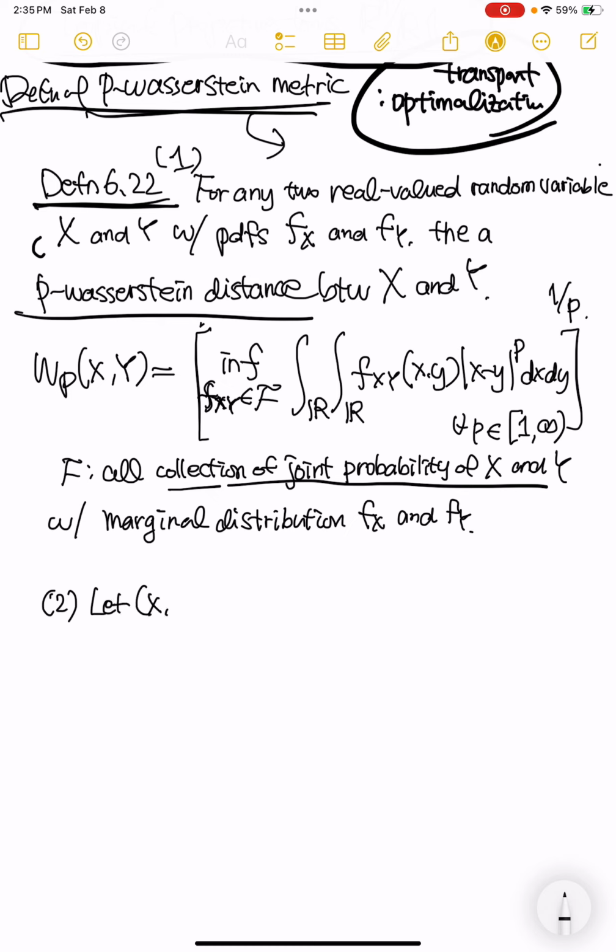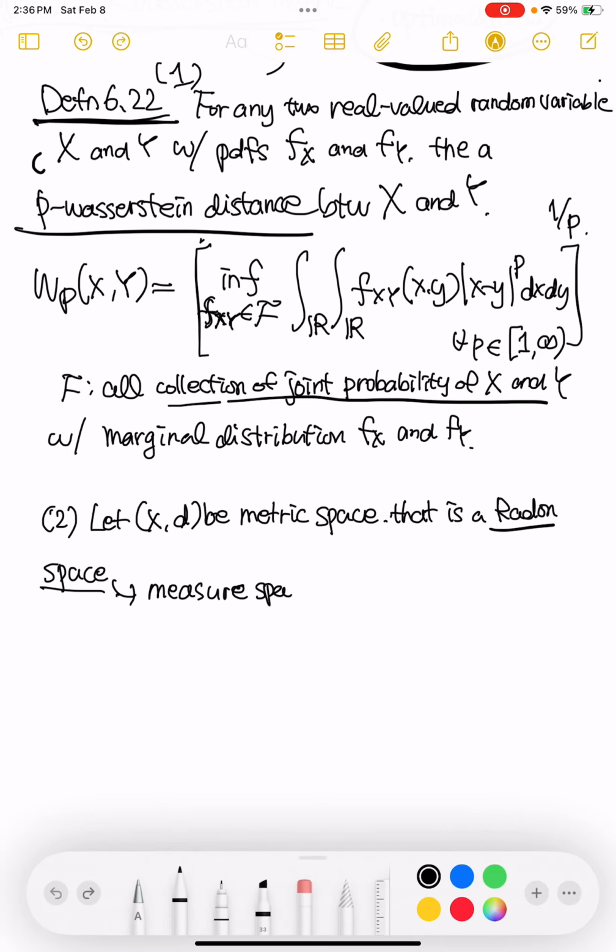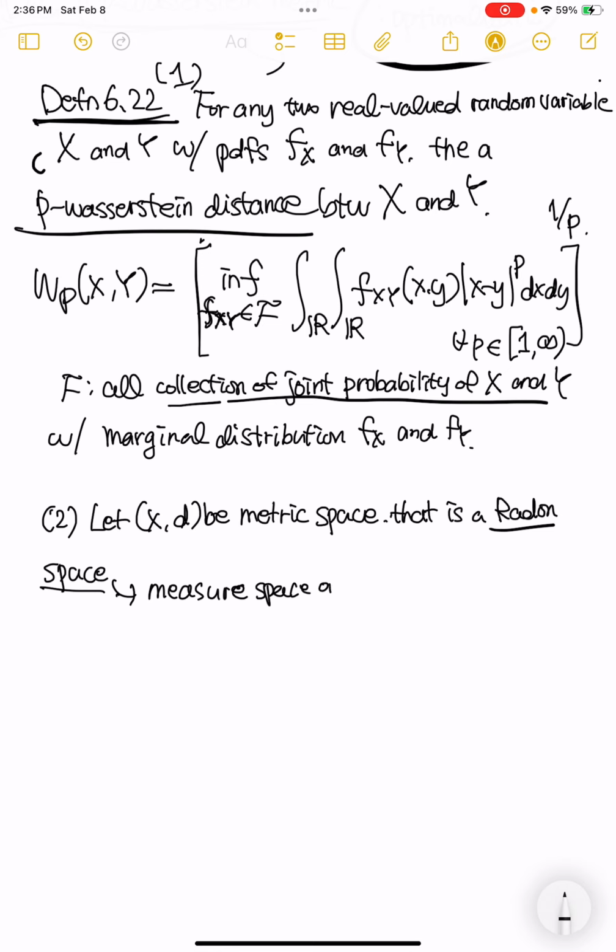So in this case, let X be a metric space that is a Radon space. One remarkable point is that a Radon space is a measure space on a topological space.